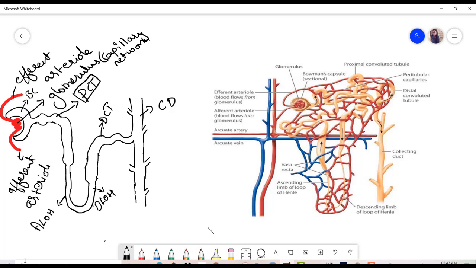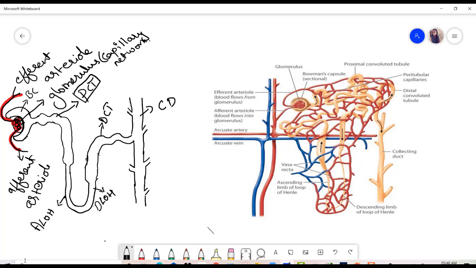So what will happen here? Our blood goes like this and gets filtered here, and then it comes out. Here it leaves a filtrate.